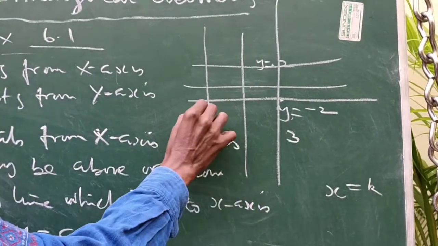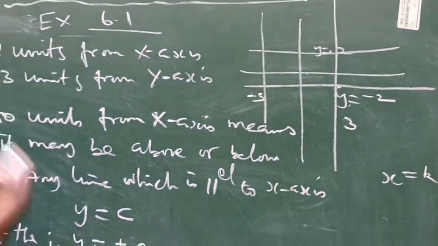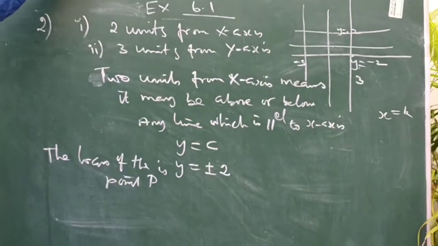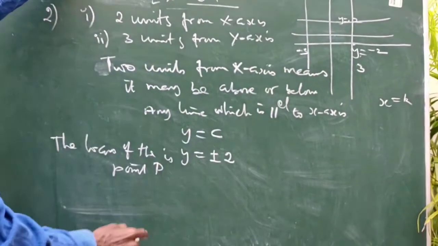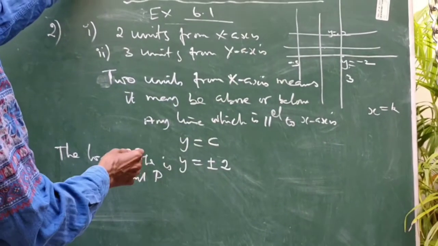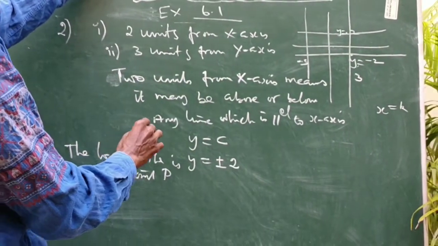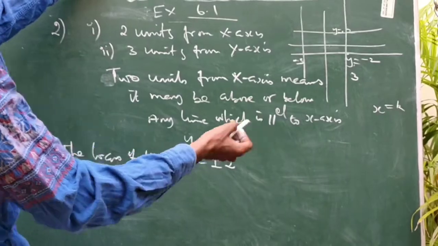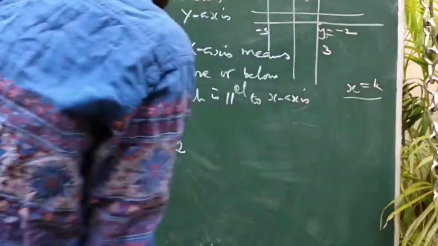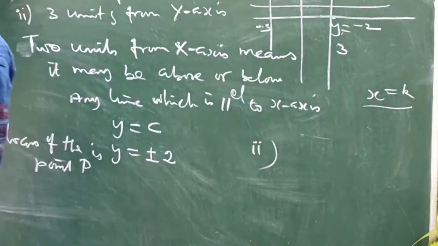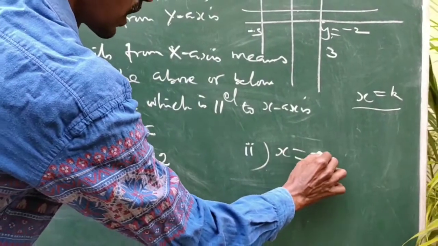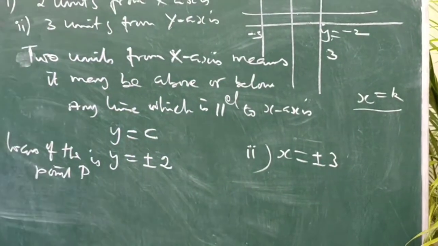It may be plus 3 or minus 3. For the second subdivision, I am writing the answer directly. If you want, you can write the sentence: 3 units from the y-axis means it may be on the right side or left side of the y-axis. Any line parallel to the y-axis is of the form x equals some constant. The answer for the second question is x equals plus or minus 3.